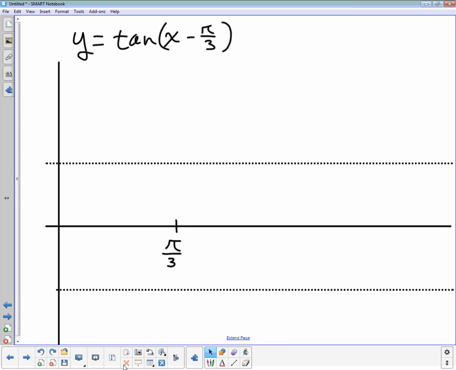All right. Now, what is my B term, which is the frequency? 1. It's not written. We take it as 1. So that means that we have to determine the width of this wave first. So the period is equal to 2 pi all over 1, which was the B term.